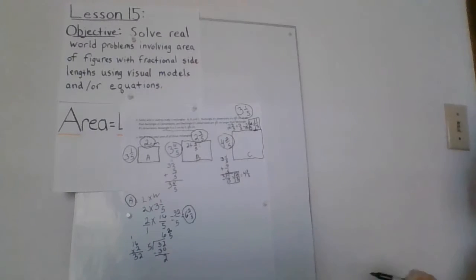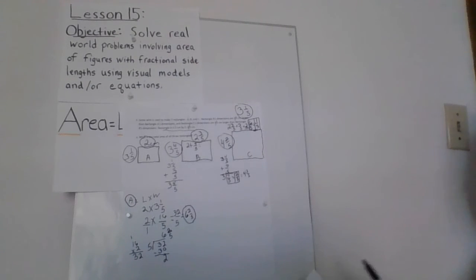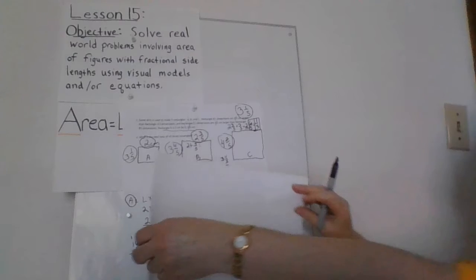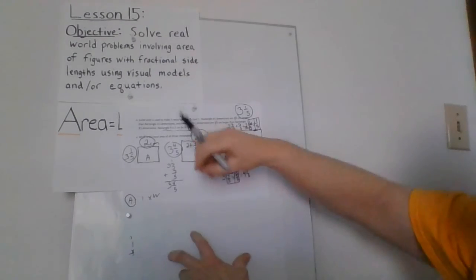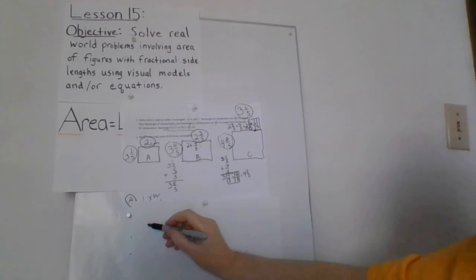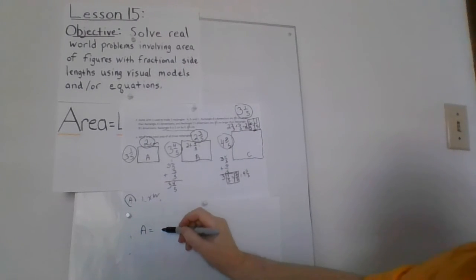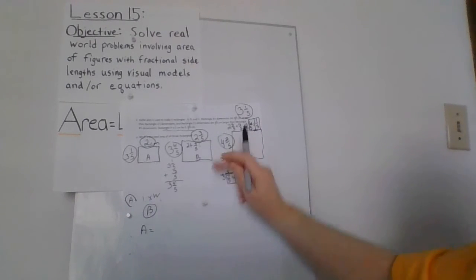Okay, now we're going to go on to letter B. I'm going to put it on this paper because it's going to be very messy if I don't. So let me show you B. In order to find the area for letter B, we're going to do the same thing.